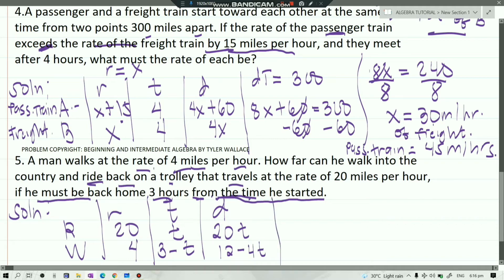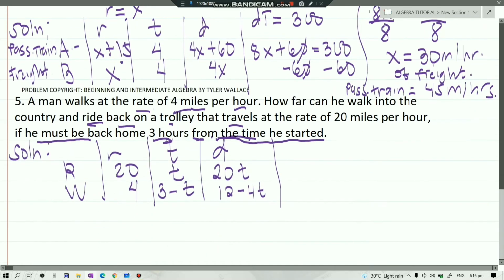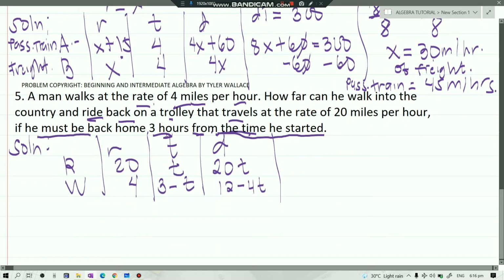And wala tayong given dito na total distance. So, paano yung gagawin natin dyan? So, pag-addin mo muna, so we have 20t is equals to 12 minus, teka, mali. 20t is equals to 12 minus 4t.